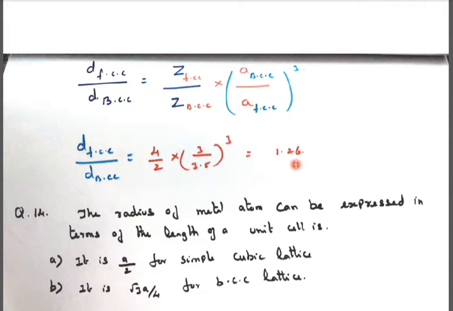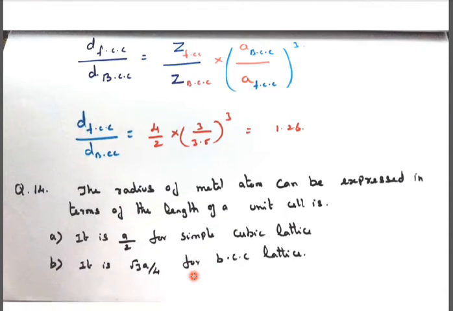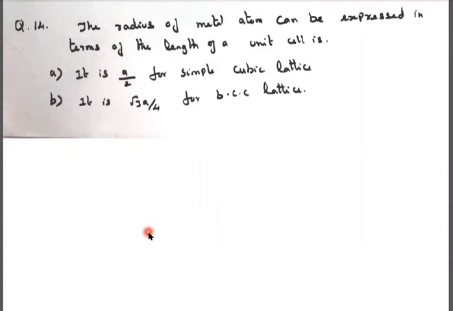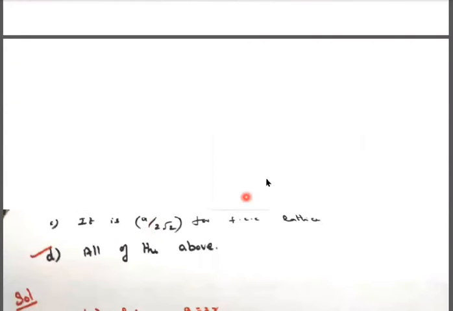Next question, number 14. The radius of the metal atom has been expressed in terms of the length of the unit cell. It is a by 2 for simple cubic lattice, root 3 a by 4 for BCC lattice, and for FCC a by 2 into root 2.